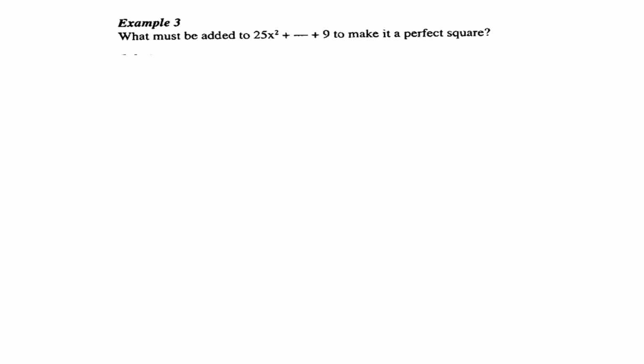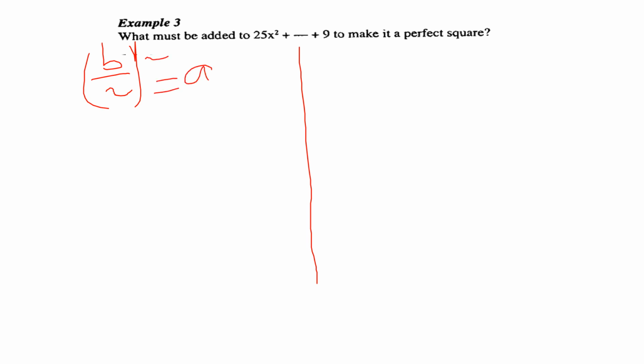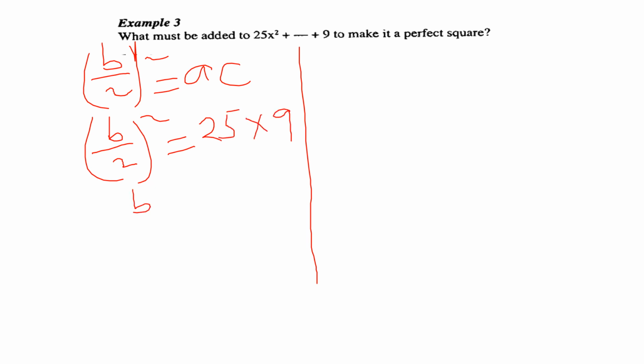So in this other one here, we know that b all over 2 squared is equivalent to a multiplied by c. That is the coefficient of x squared multiplied by the constant c. So in this case, b divided by 2 squared should be equivalent to 25 multiplied by 9, which is 225.